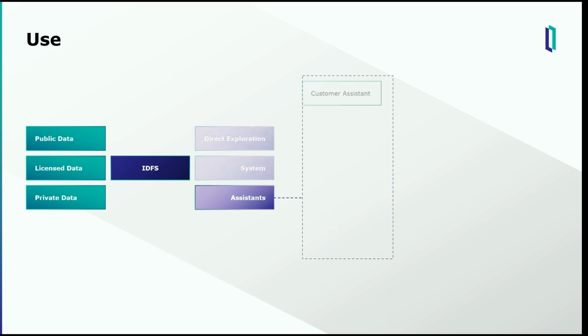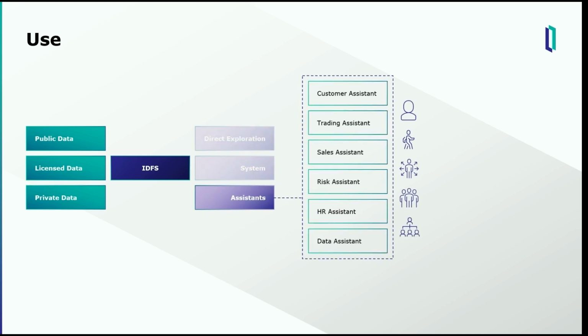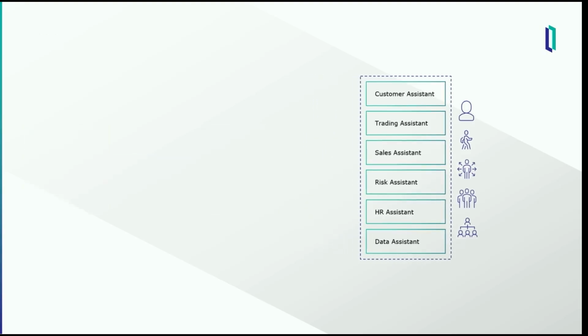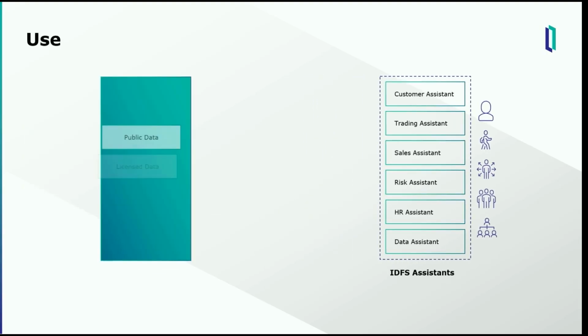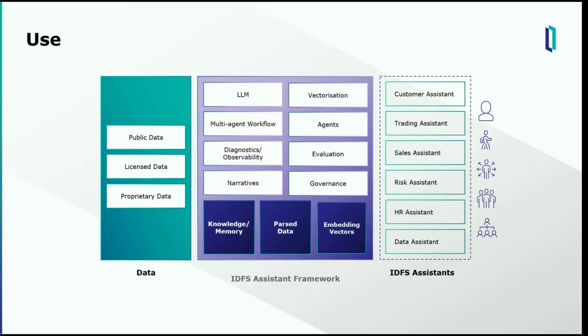Lastly, I want to talk a little bit about assistants. So in a moment, I'll be showing a demo of a couple of the assistants in IDFS, but just for context, this is our assistant framework. So you have all of the data pulled into IDFS, but in order to be able to use it with generative AI applications, you still need to translate it into a format that they can use.